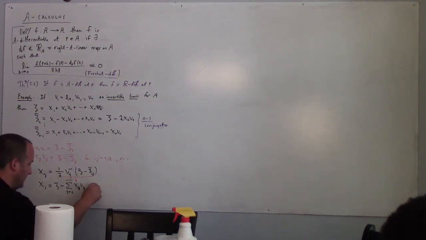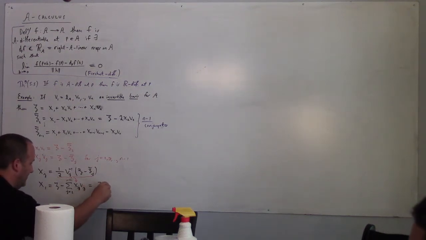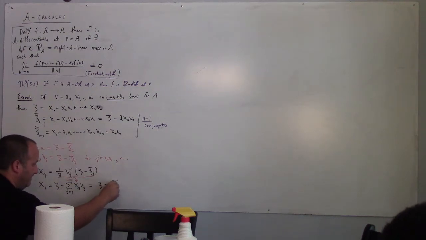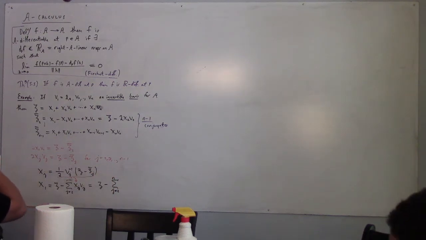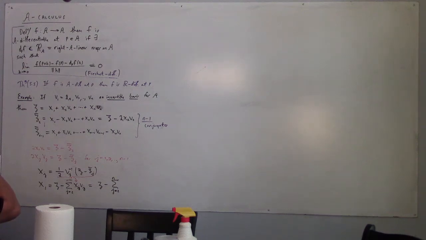Right. So you get your zeta minus the sum, j equals 2 to n. That can't be 2 to n minus 1, right? Well no, you're going out to vn. Okay, careful here. Oh, I'm a dummy. I started it at 2, so this does go to n.